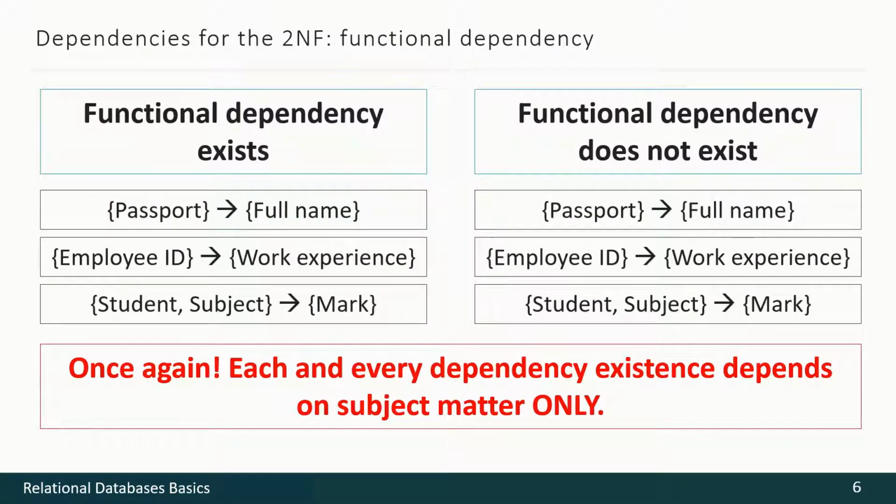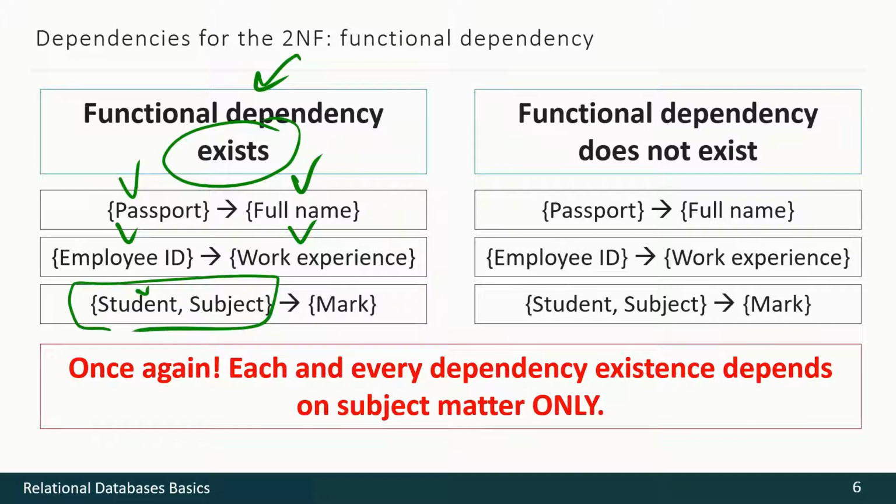Here are some examples. When a functional dependency exists, for instance, with one passport ID we have one full name. For one employee ID we have one value for work experience. For one set of student and subject we have one mark. But please be attentive.